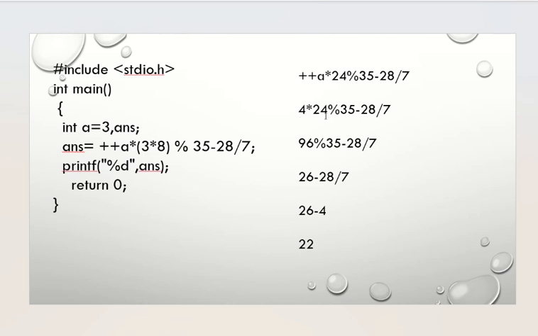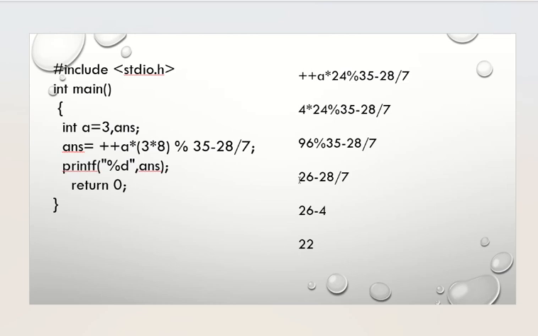Next, multiplication, division and modulo operators are there. These three have equal operator precedence, but the compiler will take from the left hand side to the right hand side. So first we get the multiplication. 4 into 24, 96. Then the modulo operator, 96 mod 35, which is nothing but 26. It is the remainder, so we get 26 minus 28 divided by 7.